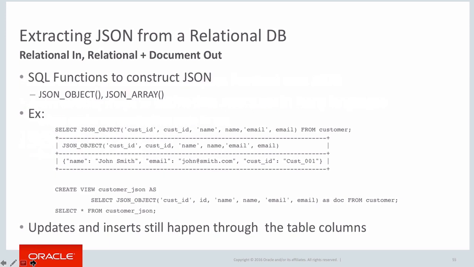But now we provide you with the manipulation tools to either extract the data and present it as JSON, or take JSON data and store it into relational. Updates and inserts still go through tables and columns, but now you can present the data as JSON objects.